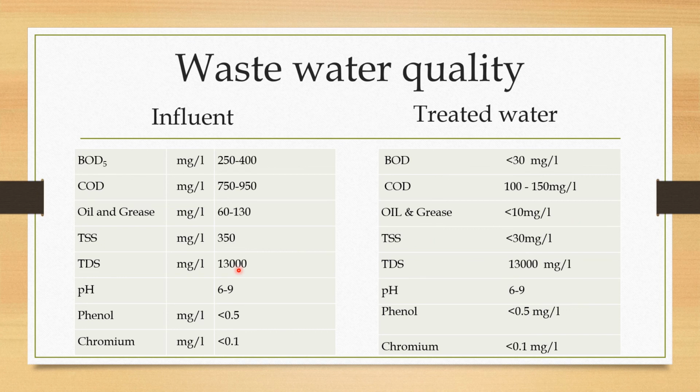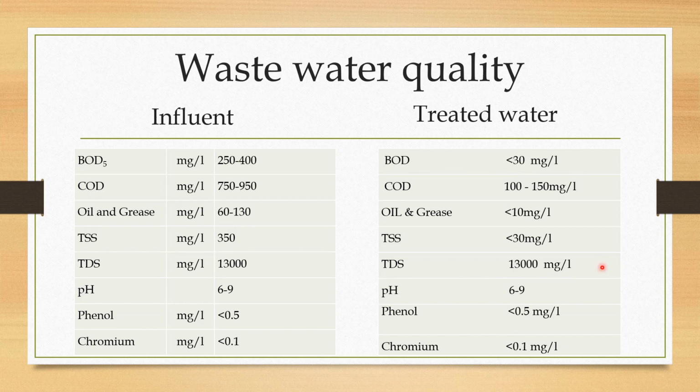The TDS coming in the influent will come out as such. If you want to reduce the TDS for zero liquid discharge, then we have to use ultrafiltration, nanofiltration, or membrane treatment at the tertiary treatment stage.